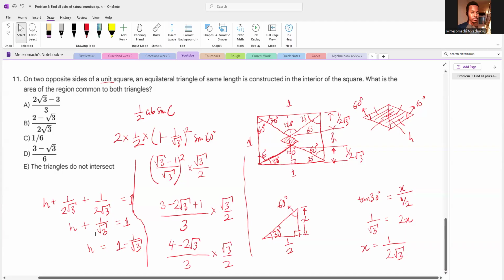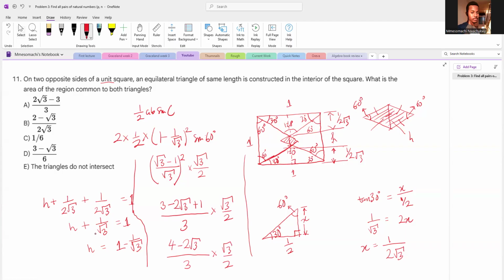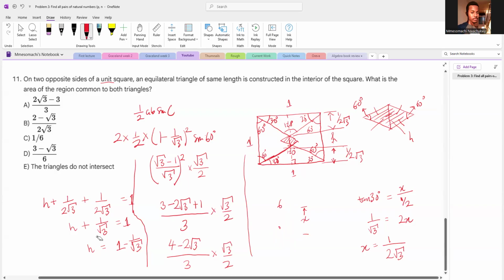Let me just erase this diagram here to continue. Now we're just doing some algebraic simplification.